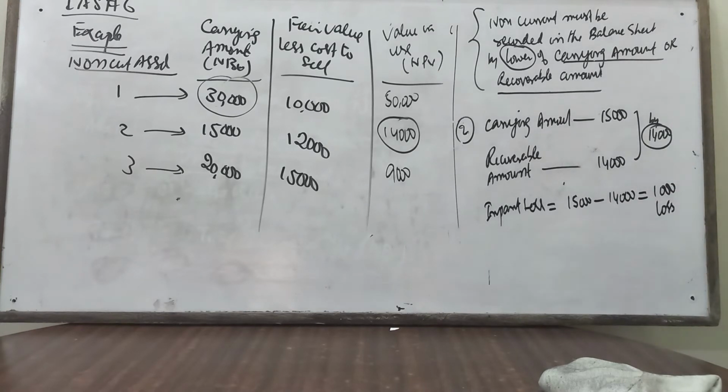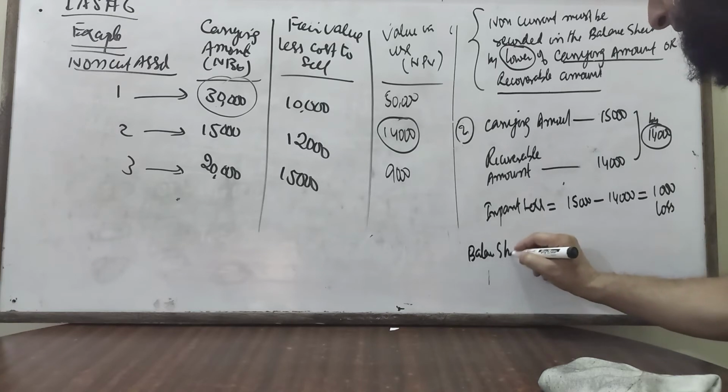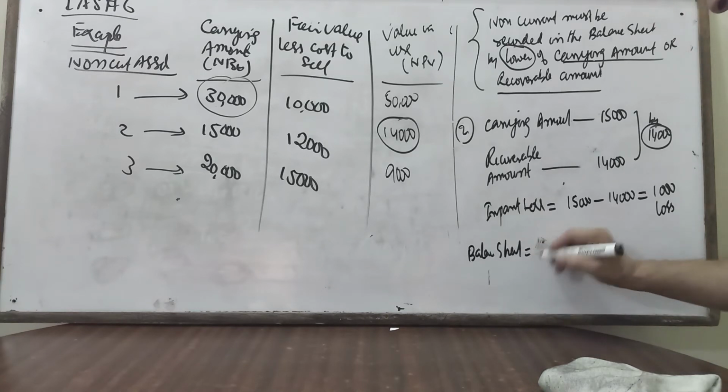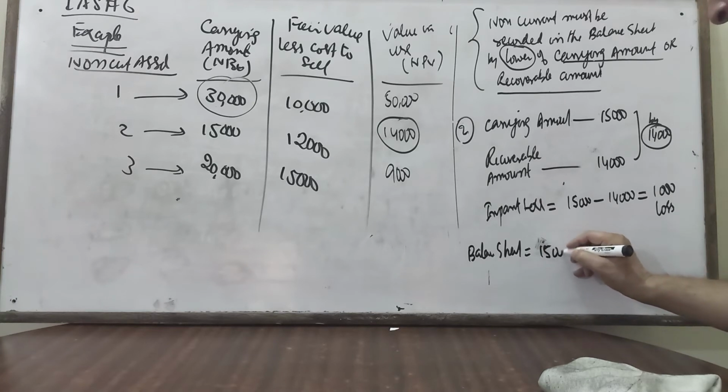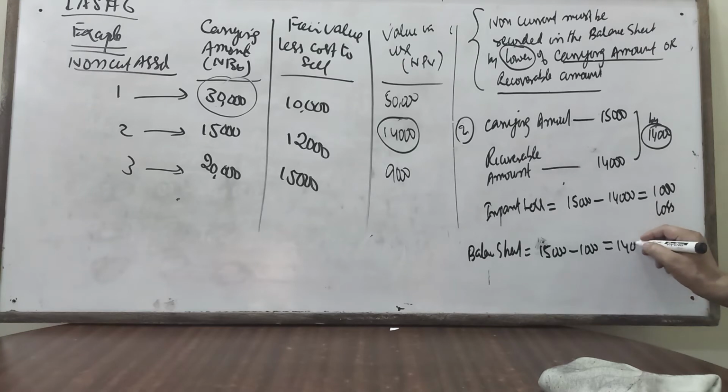So how will this non-current asset be recorded in the balance sheet? The carrying value of 15,000, minus the impairment loss, gives 14,000, so it comes to the same.